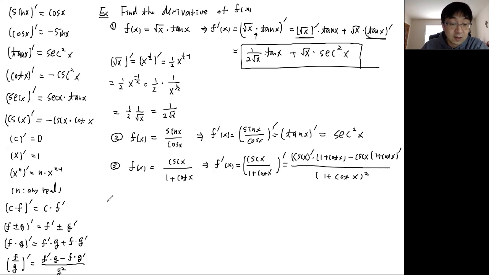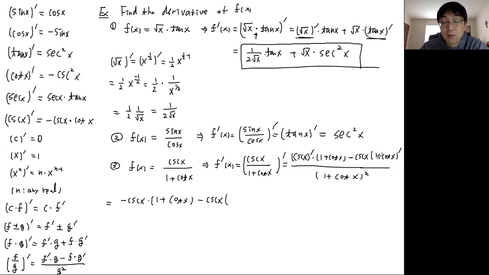Next, simplify. What's cosecant x prime? We can use a formula. The cosecant x prime is negative cosecant times cotangent. So we have negative cosecant x times 1 plus cotangent x, minus cosecant x times 1 plus cotangent.